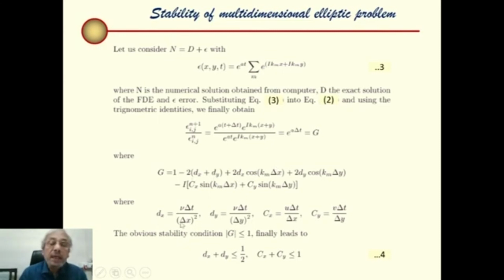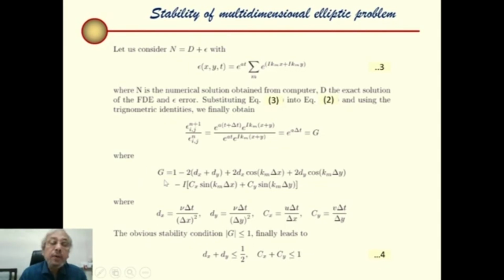Here dx is nu delta t by delta x squared, dy is nu delta t by delta y squared, cx is u into delta t by delta x, and cy is v into delta t by delta y.